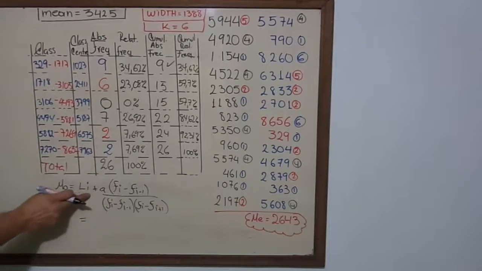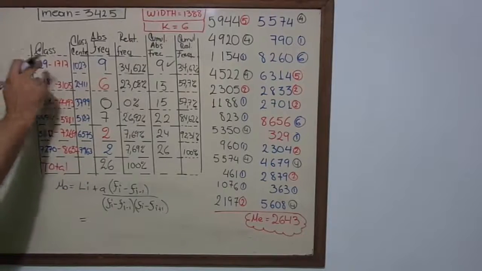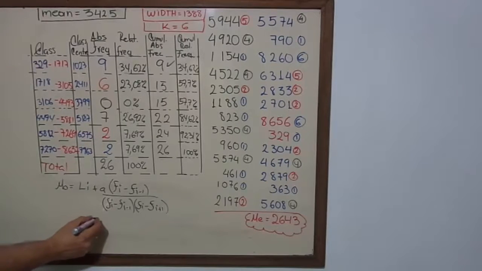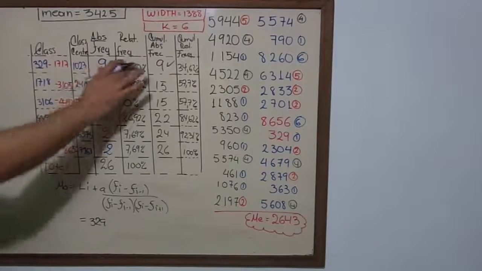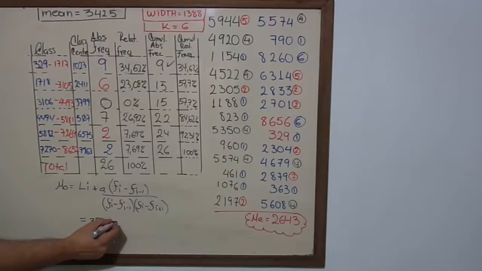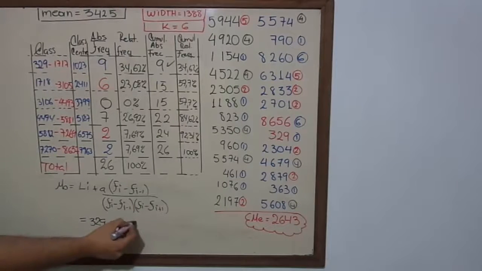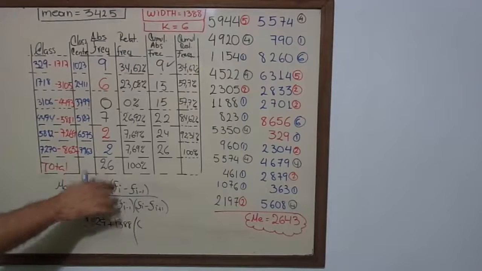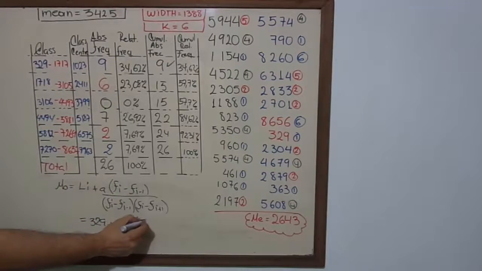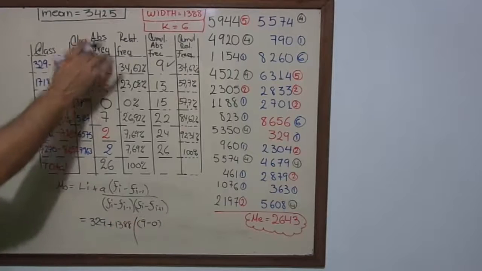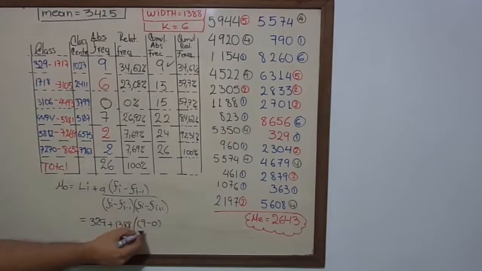So the lower limit of the class that contains the mode is 329, plus the width of the class times the frequency of the mode, which is 9 minus 0, because there is no class before, and we're going to have the same here.